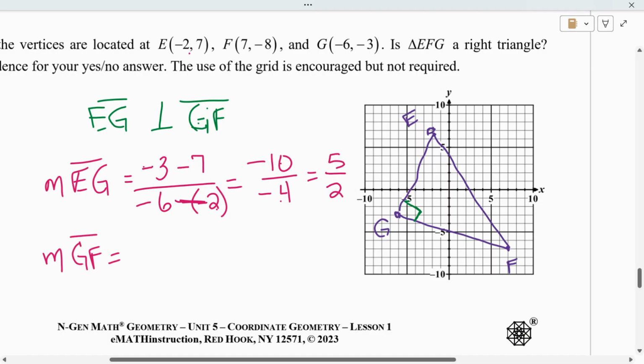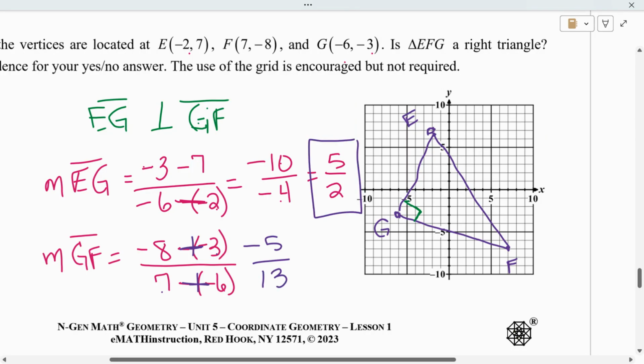So the y coordinate of F is -8 minus the y coordinate of G, which is -3, over the x coordinate of F minus the x coordinate of G, which is -6. So minus a negative, minus a negative. So I have -8 plus 3, which is -5. And 7 plus 6, which is 13.